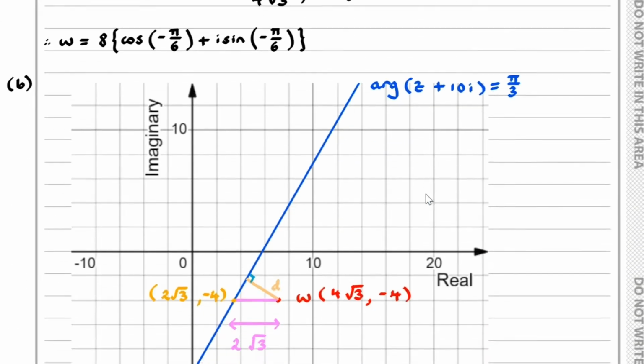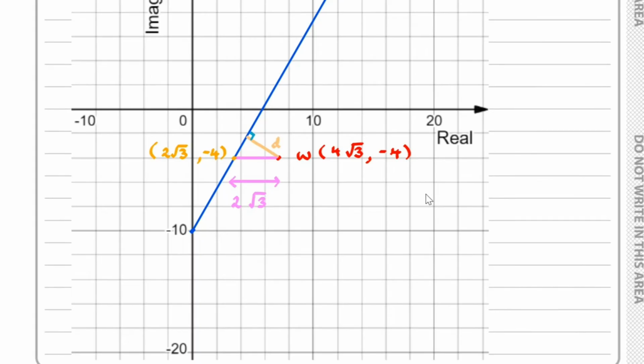Now, if I go back to my diagram, I know that this angle over here is equal to pi over 3, which is the same as this angle over here, which is also pi over 3.